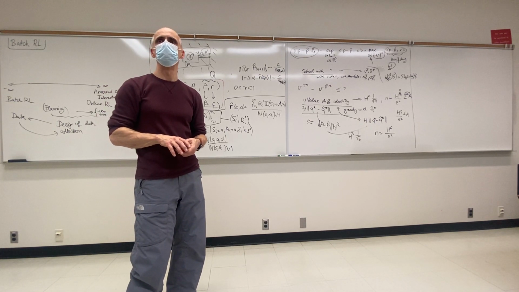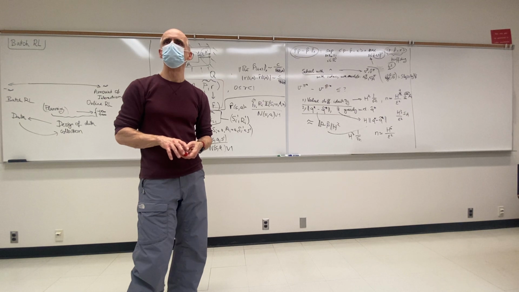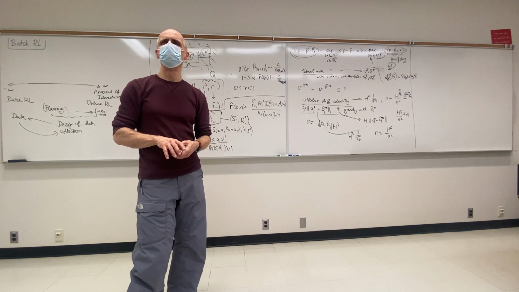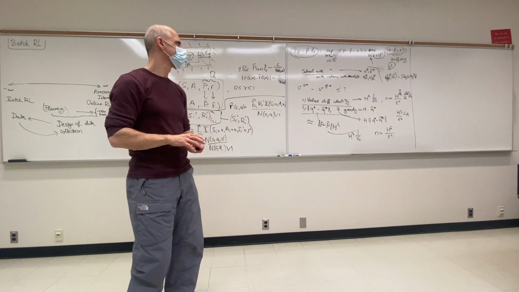I'm asking how it will change everything. Is it possible that we still come up with an upper bound in those cases where we have some kind of error on state action spaces and stuff like that?